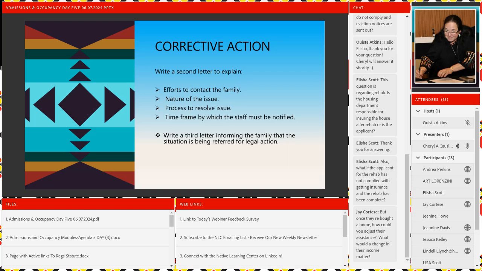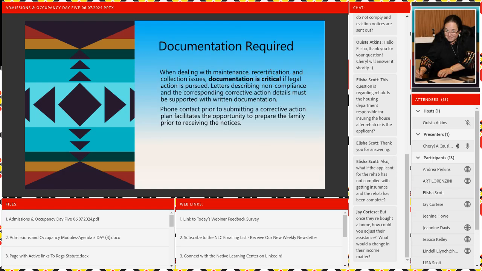In the third letter, you inform the family that the situation is being referred for legal action. When dealing with maintenance, research, and collections, documentation is critical if legal action is going to be pursued. Letters describing noncompliance and the corresponding corrective action details have to be supported with written documentation.